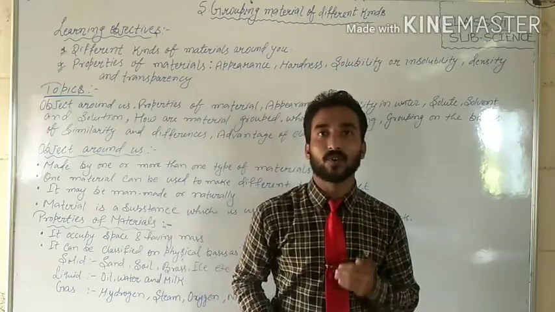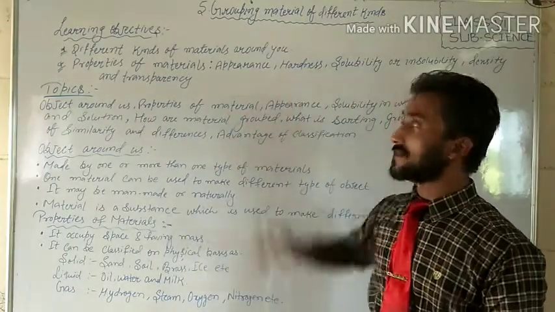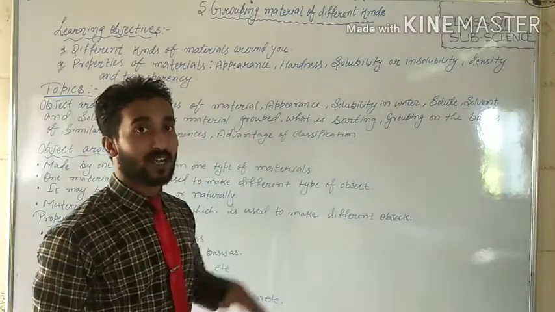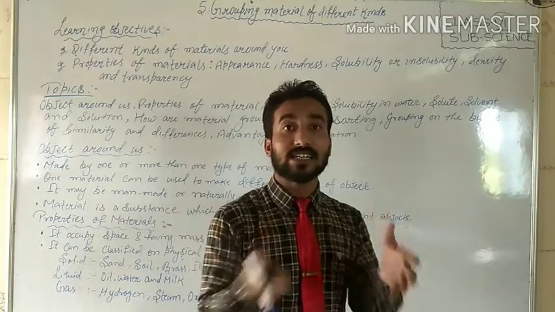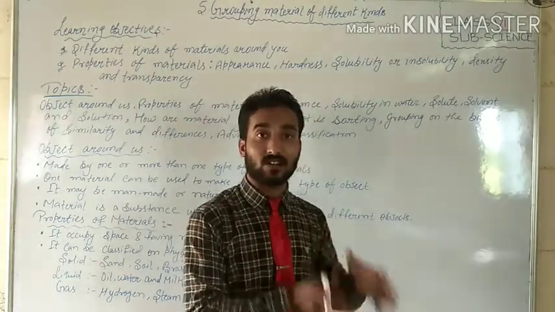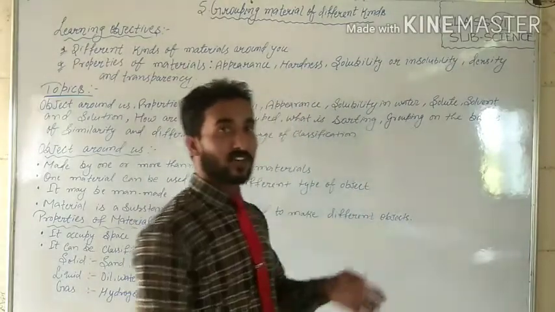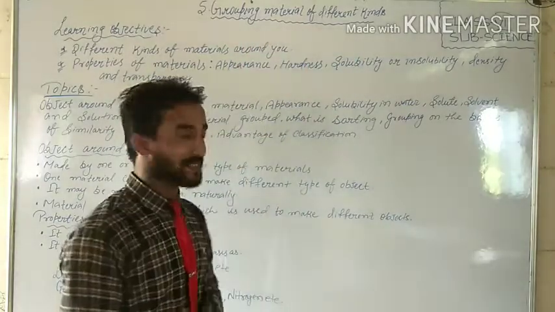Students, we will proceed step by step regarding every topic inside the chapter, which tells us how to sort materials, what the sorting of materials is, why it is required, and what the advantage or disadvantage of sorting materials is. Sorting of the materials means grouping materials of different kinds.